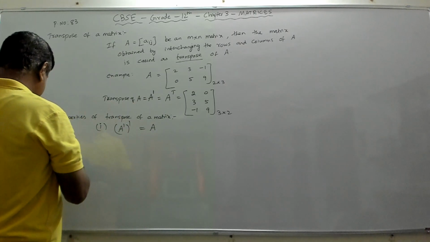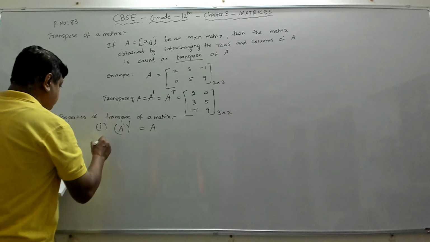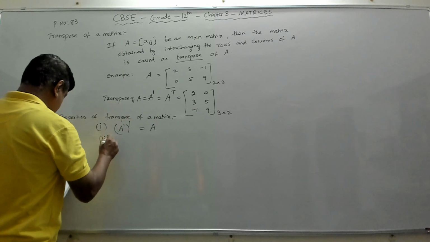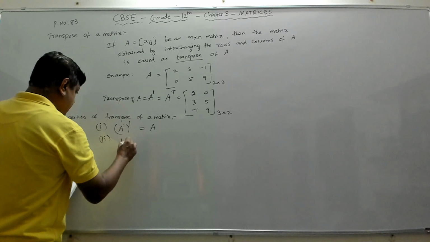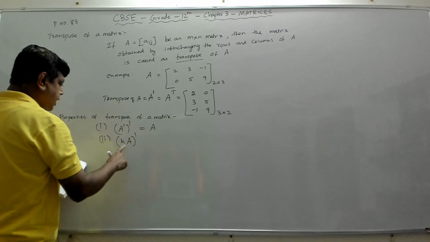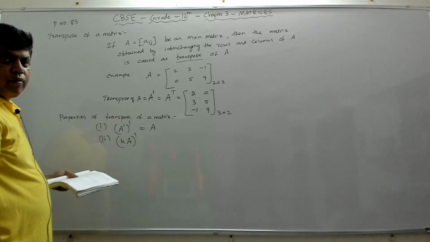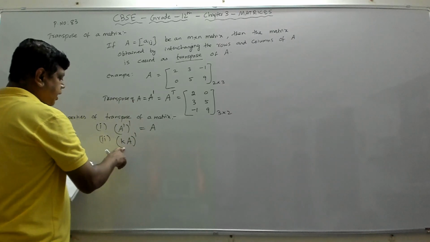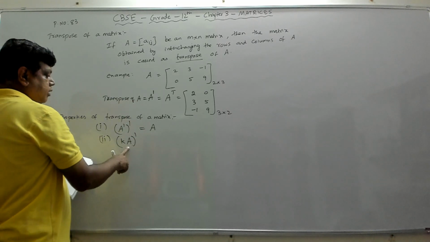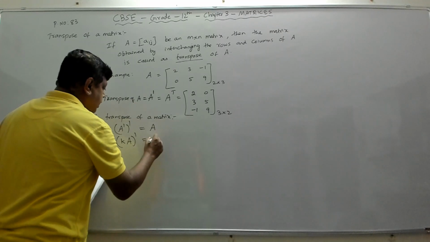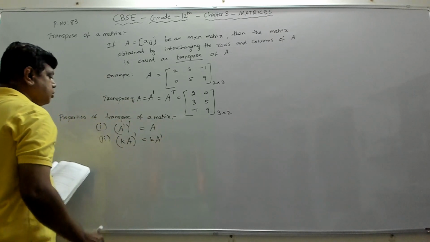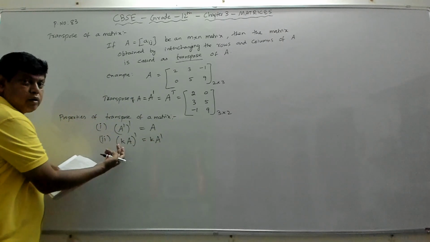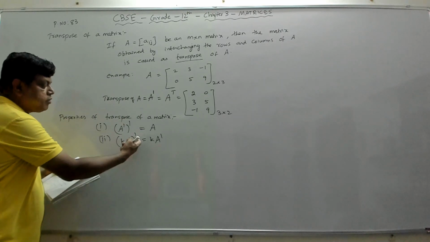The second property: if you have K into A the whole transpose, where K is any number, a scalar, any real number, then K A whole transpose will become K into A transpose, which means the scalar can be taken out of the transpose.